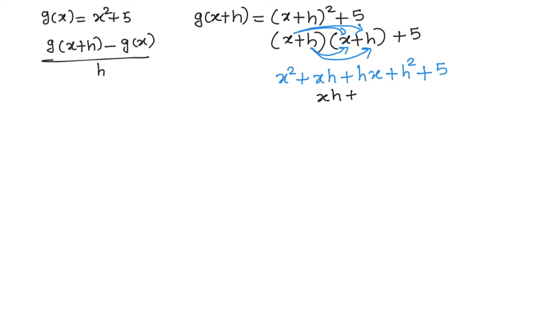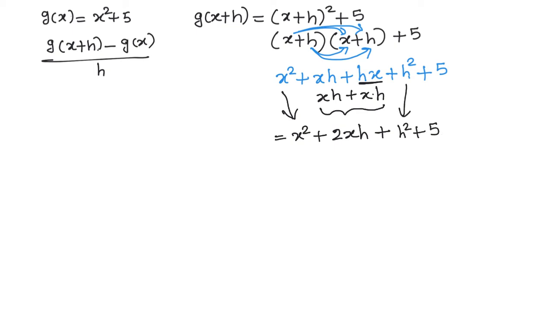xh and hx, that is same as writing x times h. These are like terms, so you can add those. So you will get 2 times xh, and we have this x square and this h square plus 5. So this is g of x plus h.